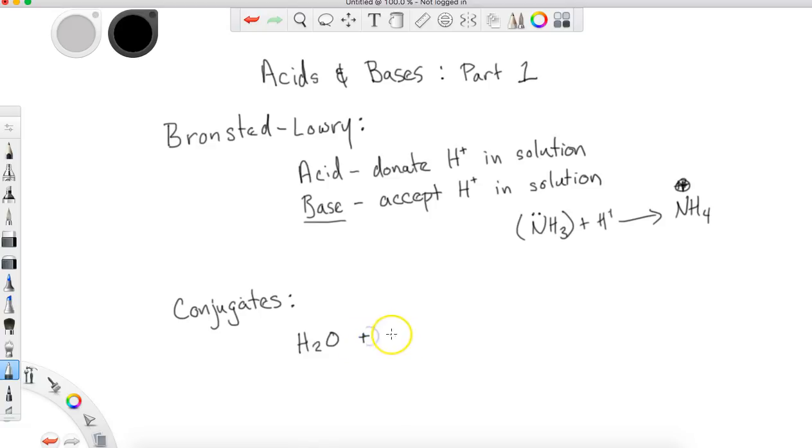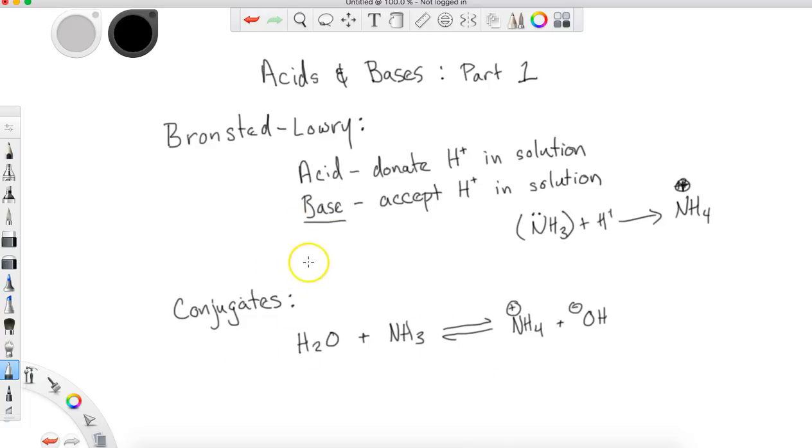For instance, if I take H2O, and we'll stick with ammonia because we're using that example, and I subject those two to one another, what I end up getting is NH4+ and OH-. So the H2O gave a proton over to the NH3.